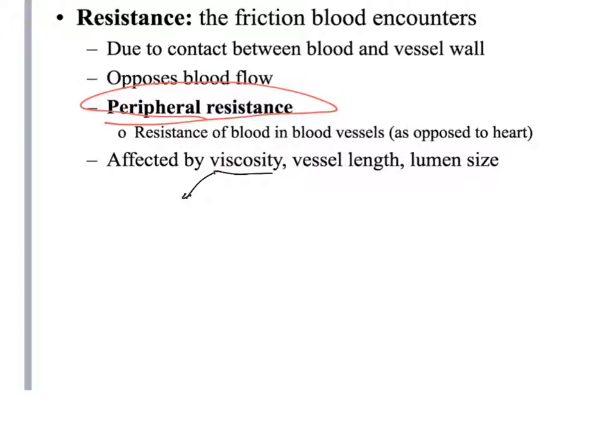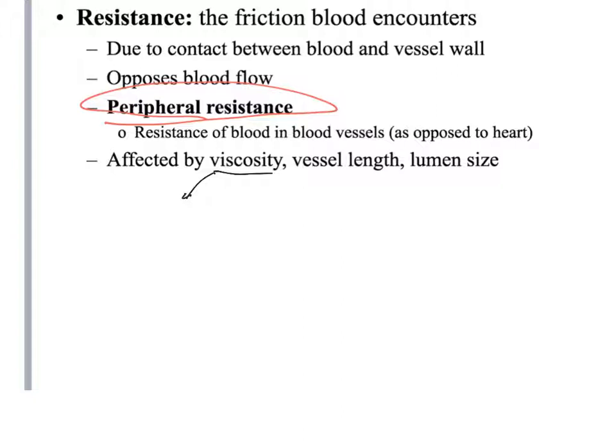All right? What is viscosity? Thickness of the blood. Viscosity is not just about blood, but it's also about any fluid, right? So if I dumped 2 cups of sugar in your water bottle, now there's going to be more stuff in it, and it's actually going to be thicker than water.